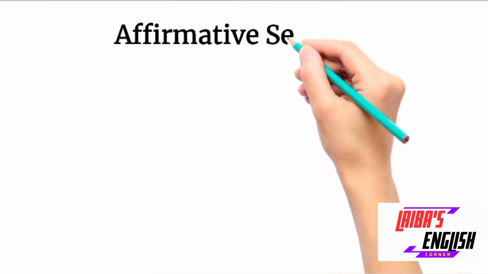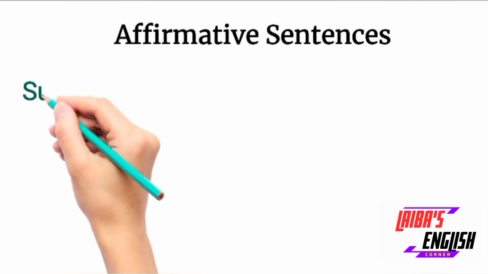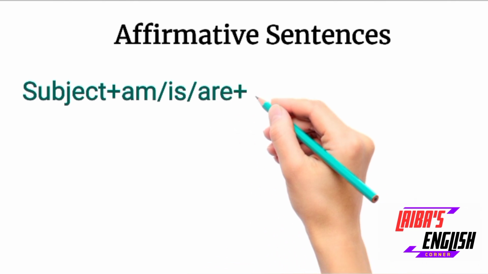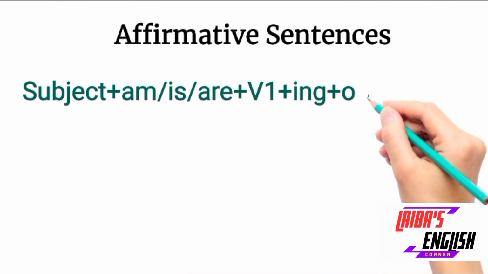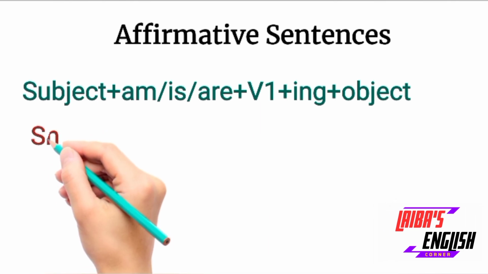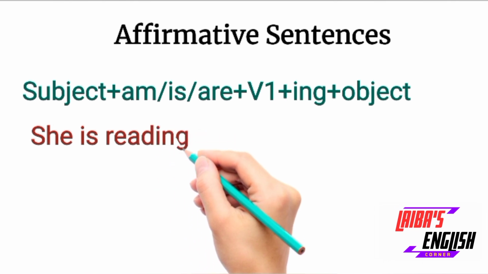So we will follow the structure and make affirmative sentences. Remember that affirmative, simple and declarative sentences are the same. We will follow the same structure, which is subject plus is/am/are plus verb first form plus ing plus an object. Now we will have multiple examples, so it will make your concept very clear.